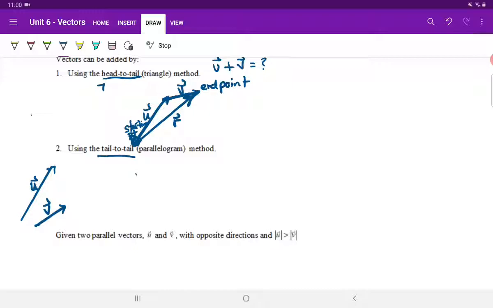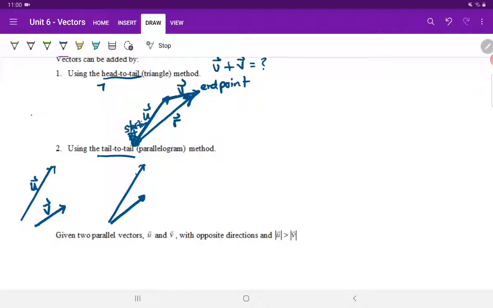Okay, so if I were to create this parallelogram here, draw your V tail to tail.